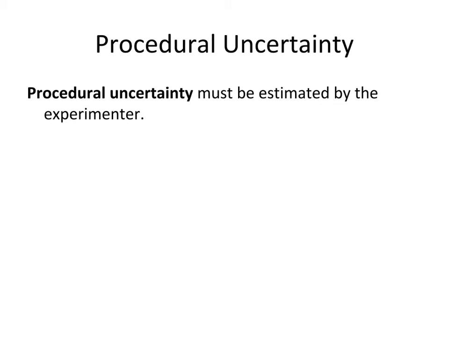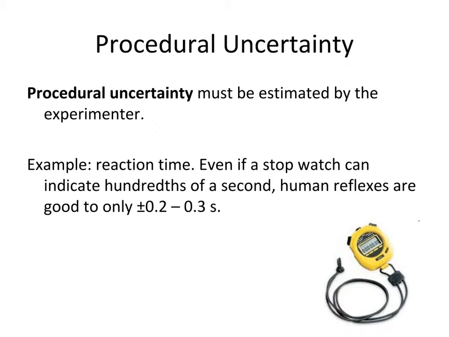Procedural uncertainty must be estimated by the experimenter based on the way that you're using the tools of measurement. For example, reaction time. If you're using a stopwatch, a stopwatch can probably indicate hundredths of a second, but human reflexes are only good to about 0.2 to 0.3 seconds.